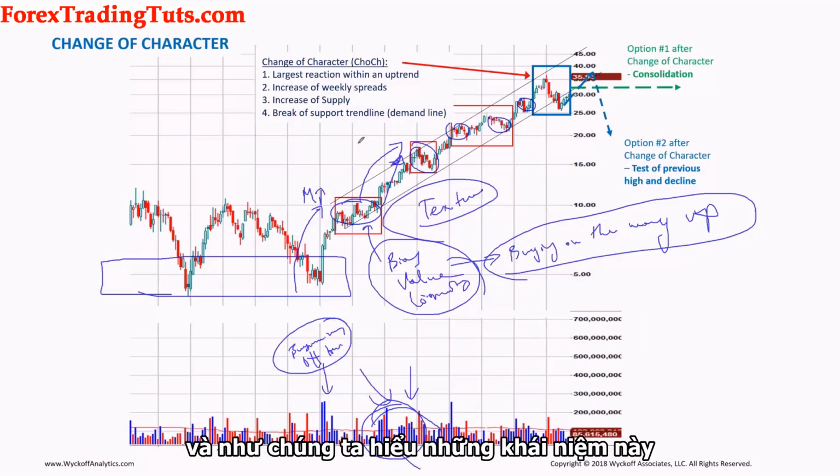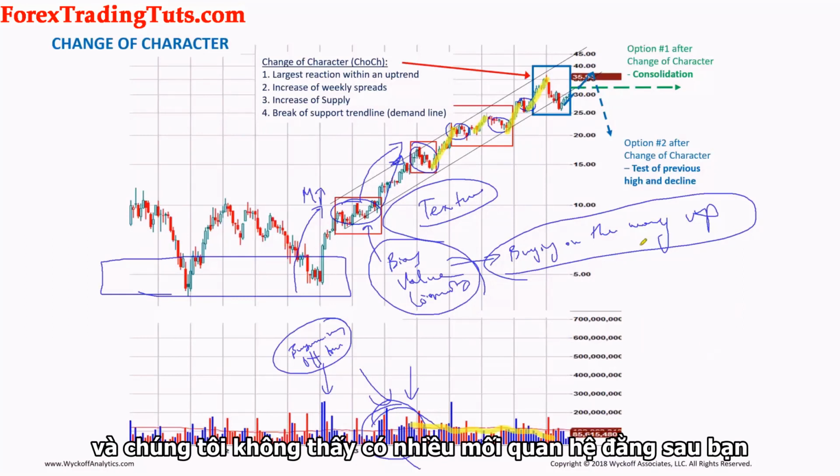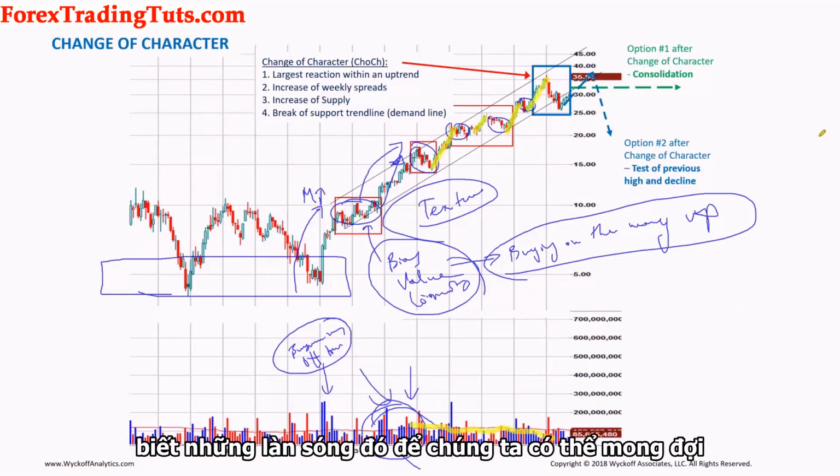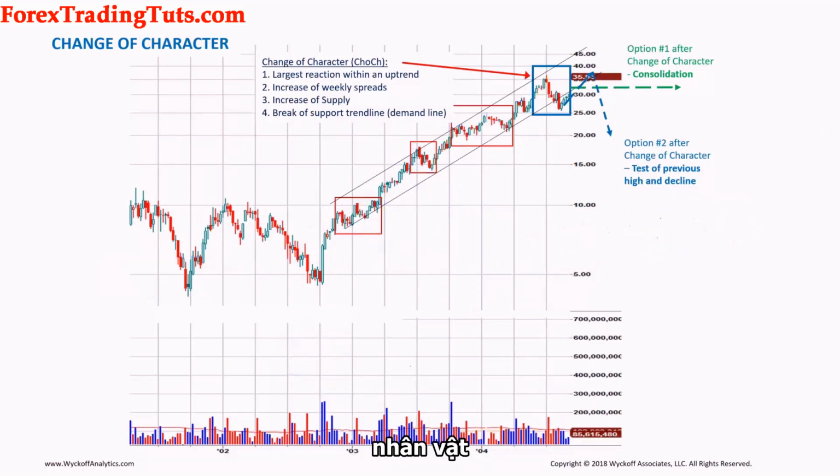And as we understand these concepts of the initial momentum buying and then just continuation of this buying throughout the trend, then we could see that momentum on the next rallies is fading. And we don't see as much buying behind those waves. So we could expect some kind of stopping action, buying climax, and then a change of character.